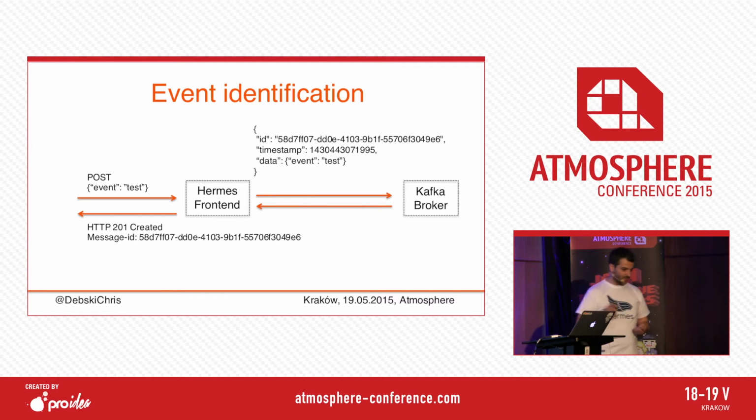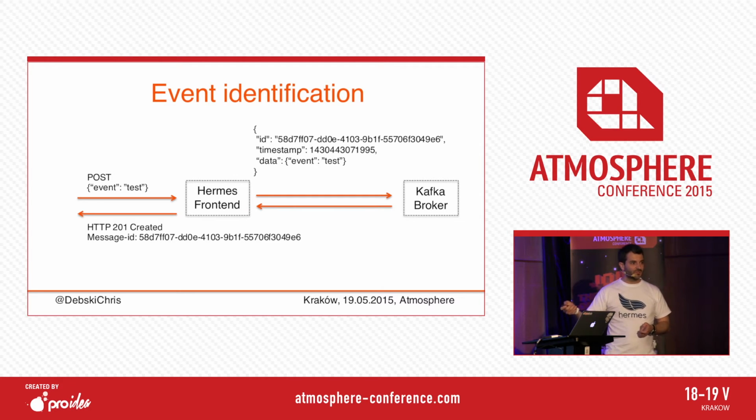There's also one nice thing with Hermes. With Kafka, what you put to a topic, you can read from the topic. There is no such thing as a message ID. There is no such thing as a timestamp of putting it to the queue. With Hermes, we thought, okay, it might not be sufficient for us because we have multiple partitions per each topic, so we don't know what was the exact order of the events. So that's why we added a message ID to each event that we sent to Kafka.